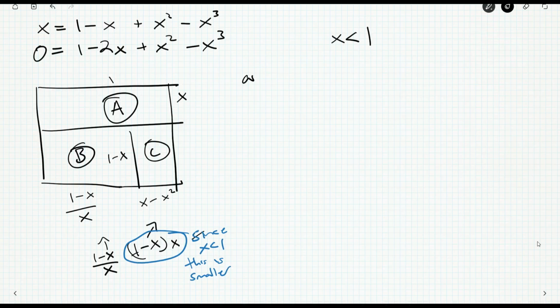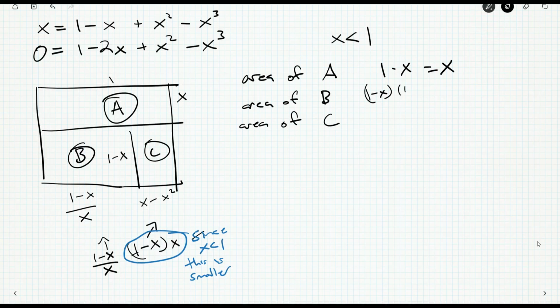So, area of A is 1 times x, which is just x. Area of B and area of C are going to be a little more complicated. Area B is 1 minus x over x, so 1 minus x squared, which we have over here, over x.